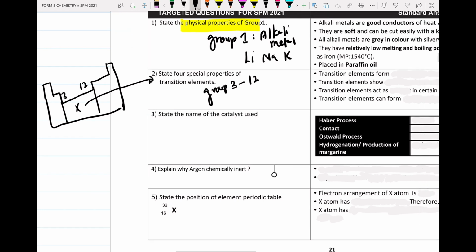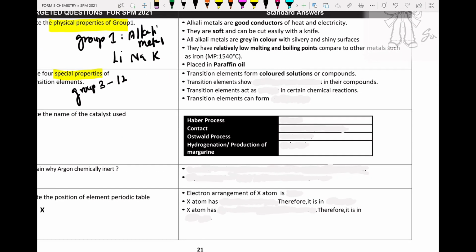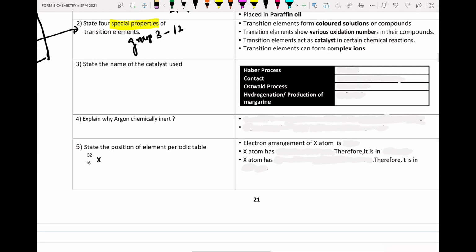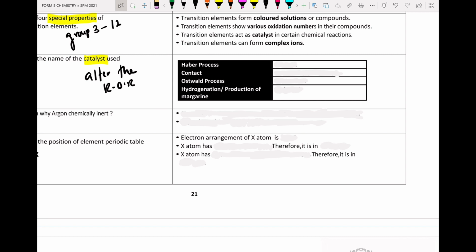The special characteristics of transition metals: they form colored ions or colored compounds, they show different or various oxidation numbers in their compounds, they act as catalysts in certain chemical reactions, and they can form complex ions. What is meant by catalyst? A catalyst is a chemical substance added in small quantity to alter the rate of reaction without itself being involved in the reaction. So we have a few points that students must remember.